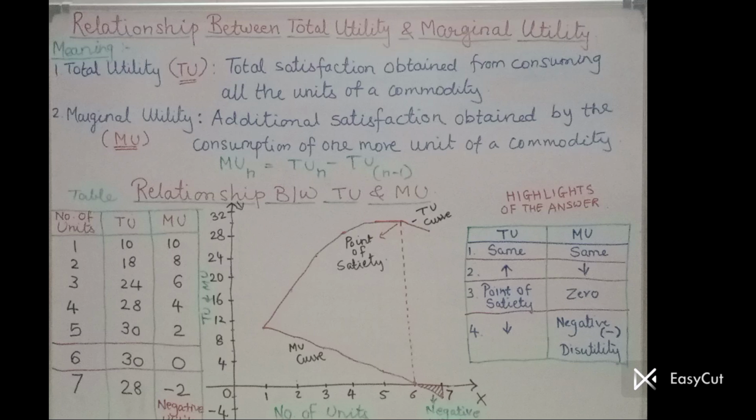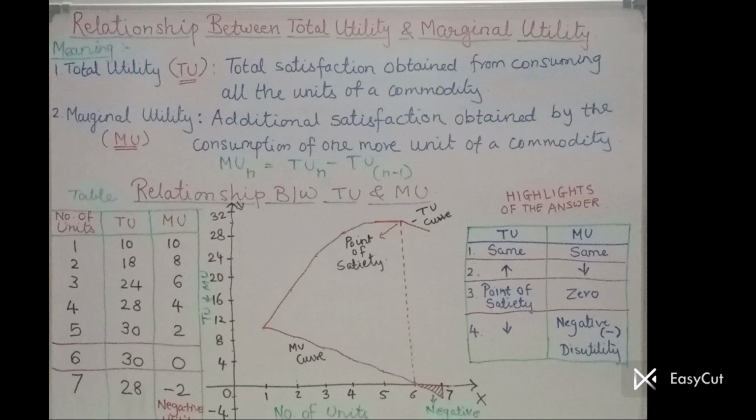So the explanation of the diagram will be like this. Point number 1, we have shown the number of units on the x-axis. Change paragraph. We have shown TU and MU, total utility and marginal utility, on the y-axis. Then third point, in the initial stage, at the starting, TU and MU are the same, as I have shown in the highlights. Again change the line. Afterwards, TU goes on increasing and MU starts falling.